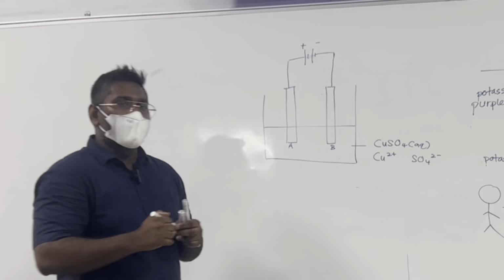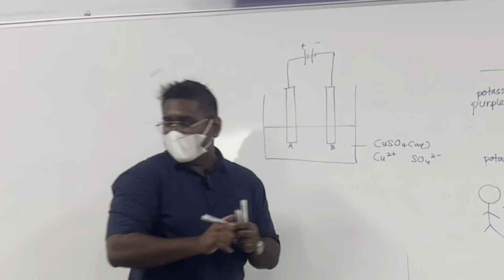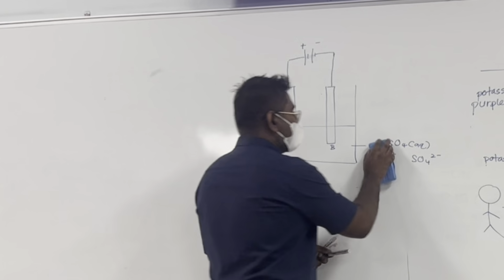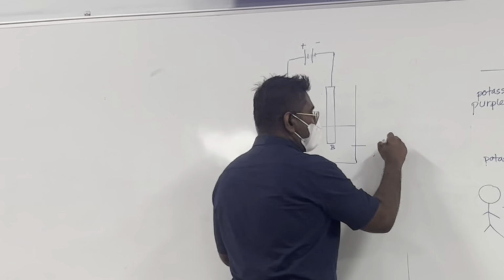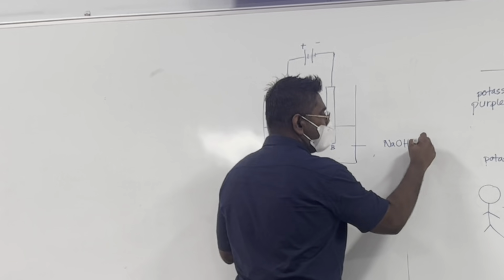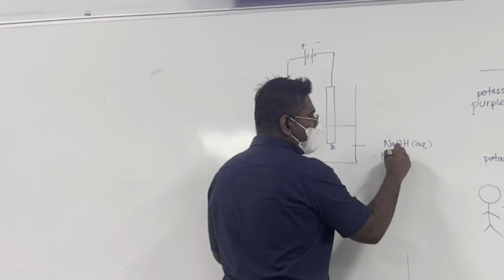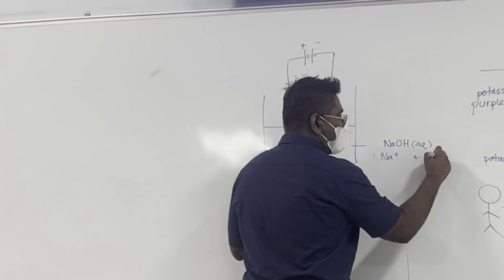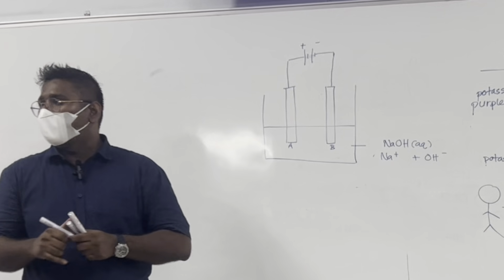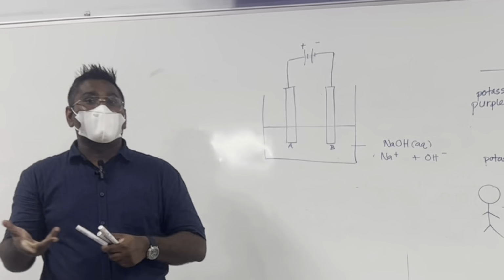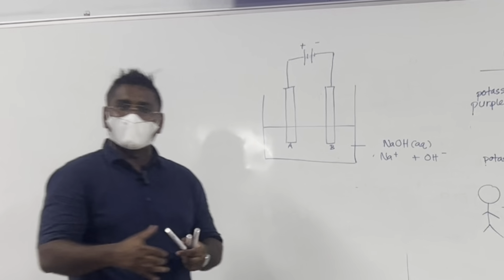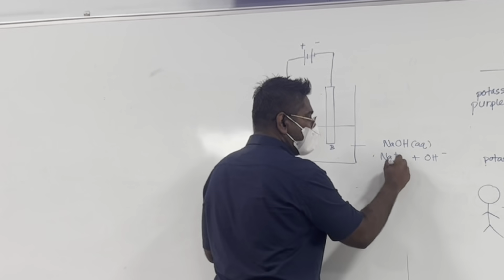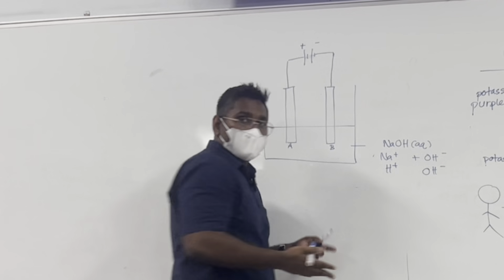Let's say I use a different one, not copper sulfate. Let's say I use sodium hydroxide. I have Na+ and OH- ions. Because it's aqueous, I also have water, and water itself will give me H+ and OH- also.